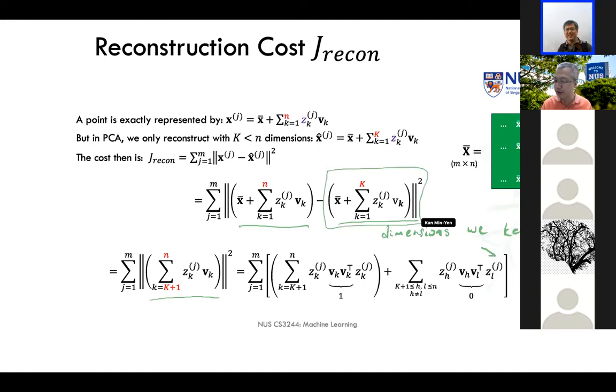So when we subtract these two terms from each other, we're going to end up with just this term, right? Meaning all of the components from k plus 1 all the way to the nth. So the k plus 1 to nth minor axes that we decided to throw away because we're compressing the dimensionality, right? Okay, so then we can write it out like this.